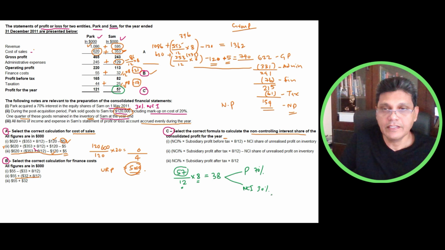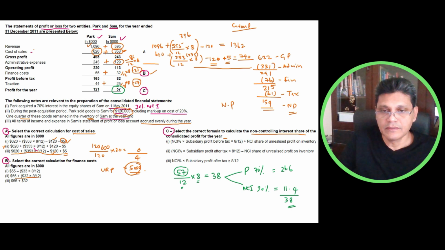So when you take that, 30% of 38 is going to be 11.4 and 70% is going to be 26.6. So that's going to be how much? 38. So therefore the correct answer for this is you take the subsidiary profit divided by 12 multiplied by 8.